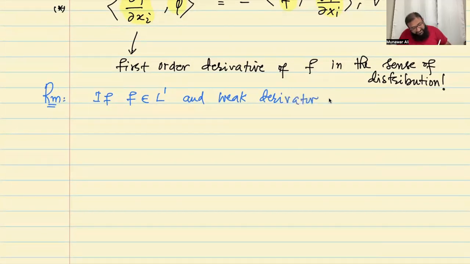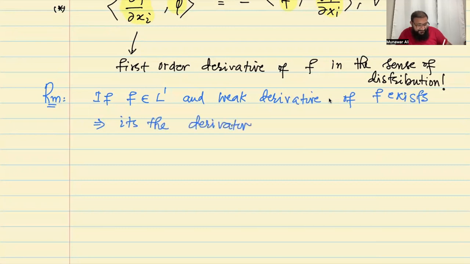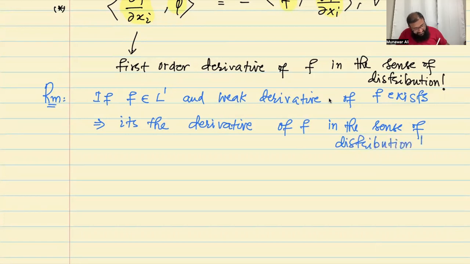So if the weak derivative of f exists, it implies it's the derivative of f in the sense of distribution. It means the weak derivative, if it exists, implies the distributional derivative. So it's a simple thing.